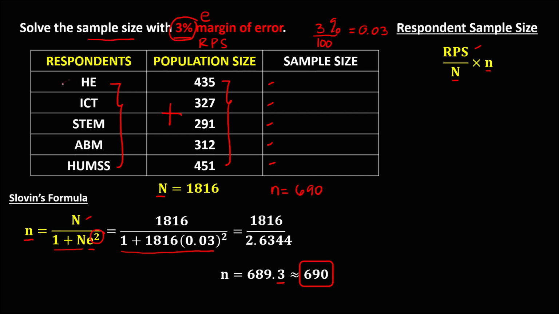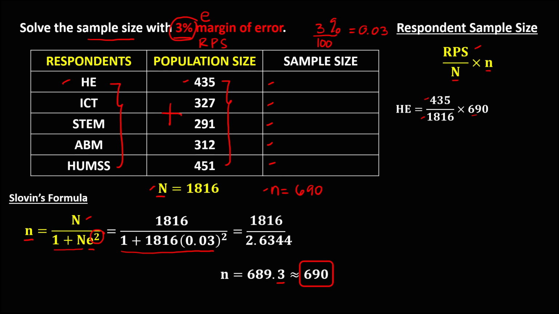So for this respondent, the HE, now take note that the respondent population size is 435 and the total population size is 1816 times the total sample size, that's 690.